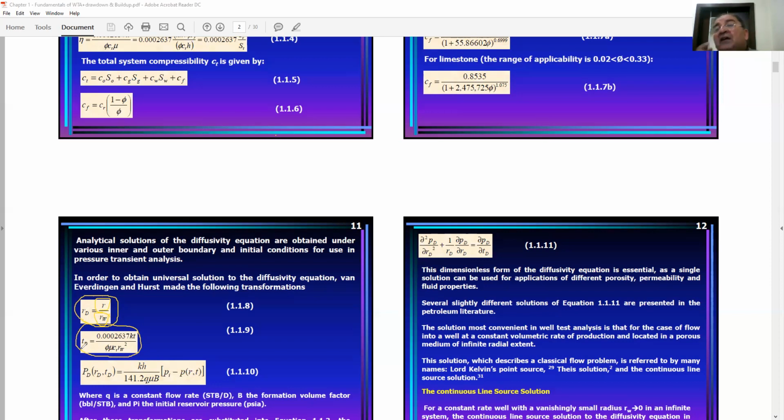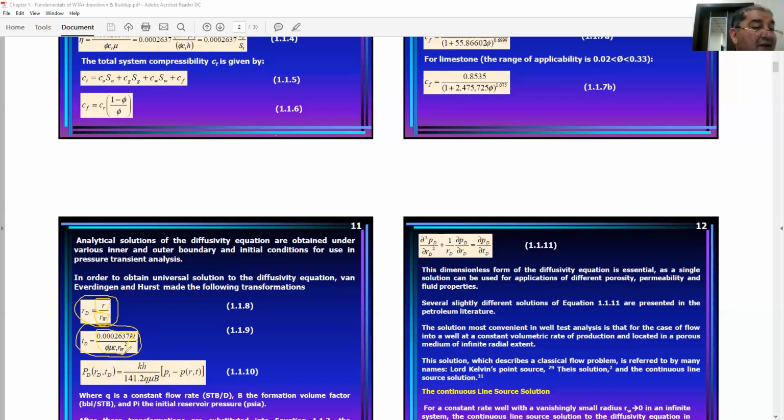In this case, t_D, dimensionless time, is 0.002637 k t divided by φ μ c_t r_w squared. This is your real time t, and this is your reference time.